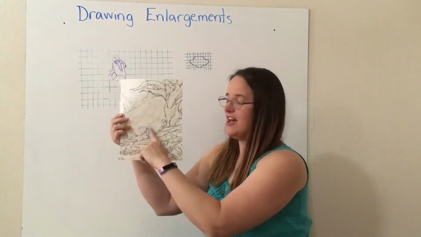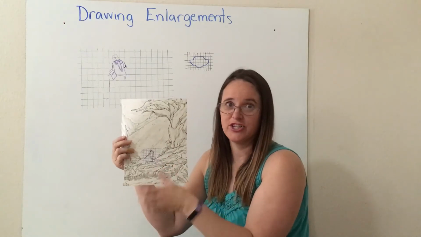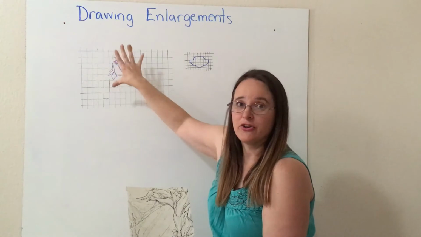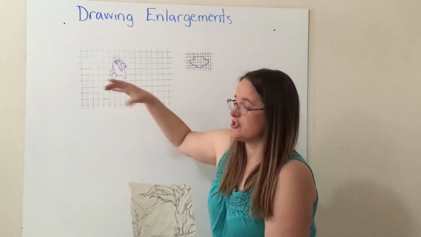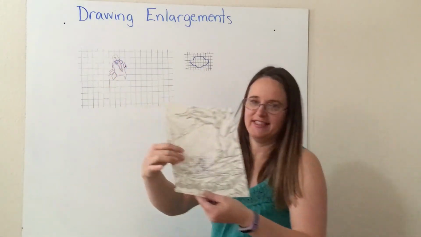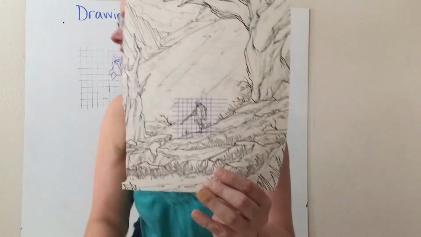You'll draw a grid over top of whatever shape that you want to enlarge. And then the idea is that you have a bigger grid that you can do on computer paper or large graph paper, and you draw that figure. So I started this guy right here. Don't know if you can tell.